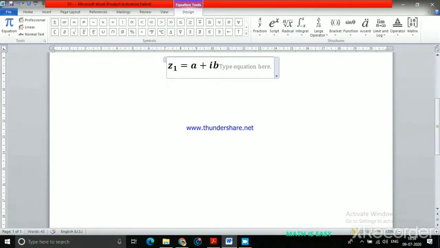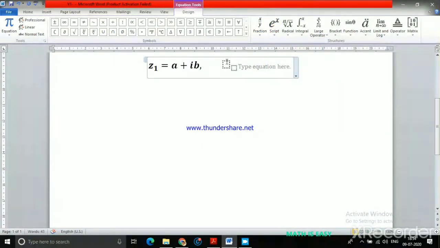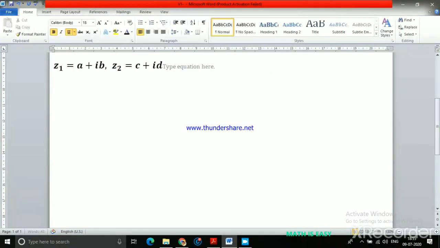This is my first complex number. And take the second complex number as z2 equals c plus id. So you may have a doubt why you are taking only plus signs here. I am assuming that the b value can be a positive value or negative value. If b is negative, then minus into plus is going to be minus. So that's not a problem.